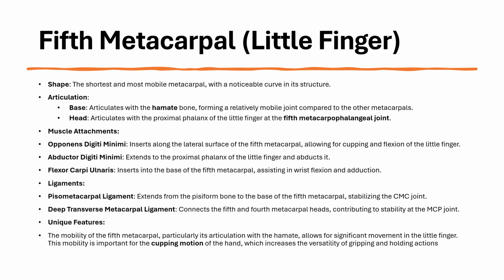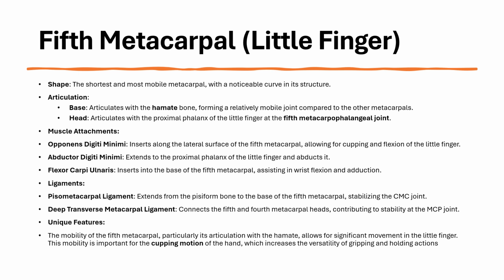There are two ligaments that attach on the fifth metacarpal. The first is the pisometacarpal ligament. It extends from the pisiform bone to the base of the fifth metacarpal and stabilizes the carpometacarpal joint. The other is the deep transverse metacarpal ligament, which connects the fifth and fourth metacarpal heads and contributes to stability at the MCP joint.